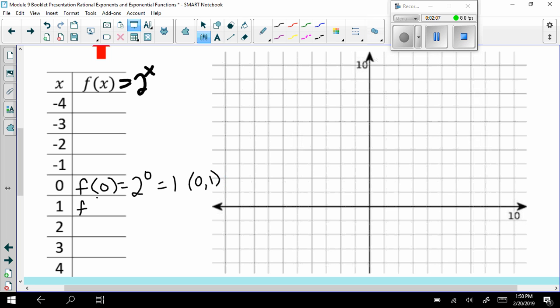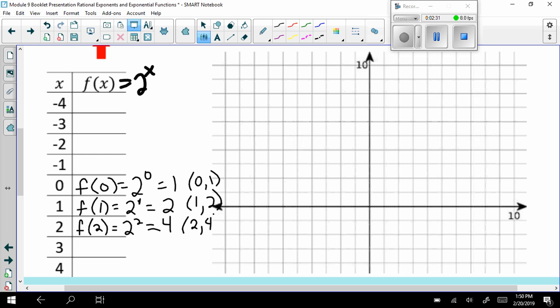f of 1, I'm going to take out the x, plug in 1. So 2 to the 1 is 2. This would be the point 1, 2. f of 2 is 2 squared, which is 4.